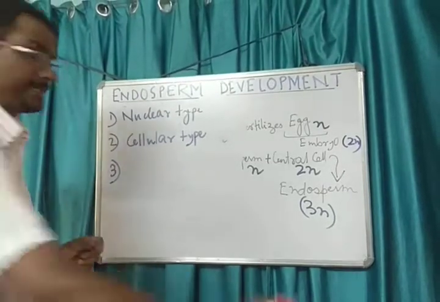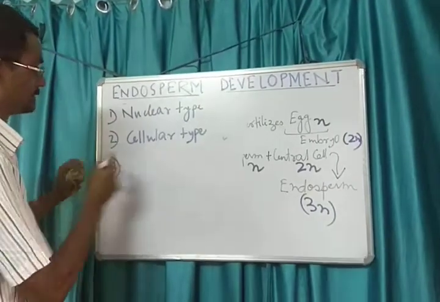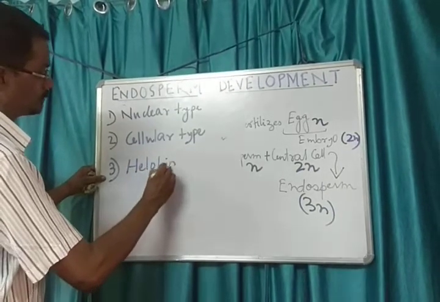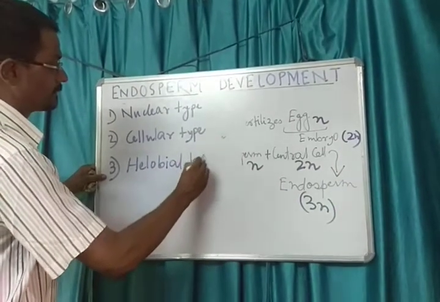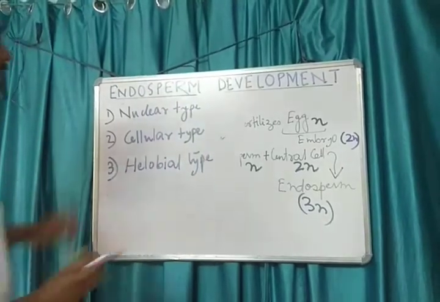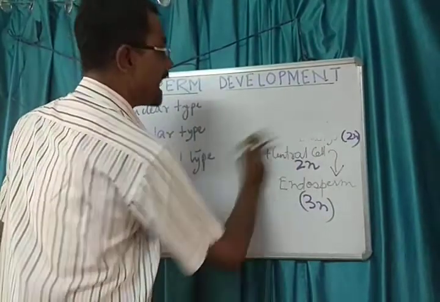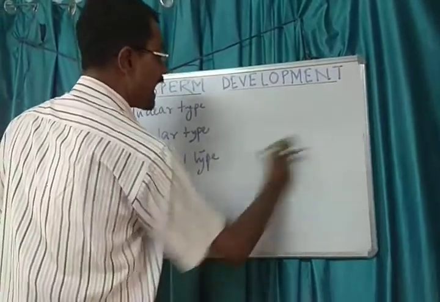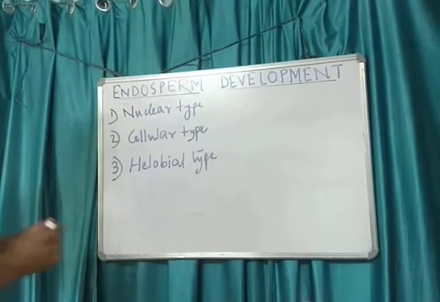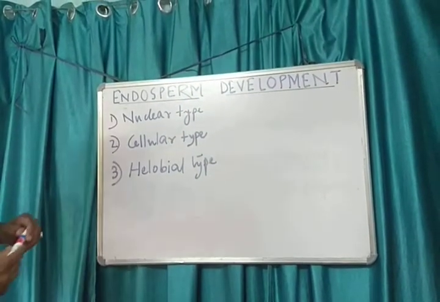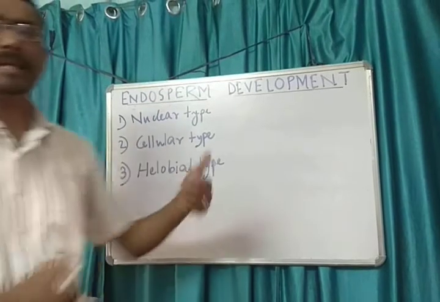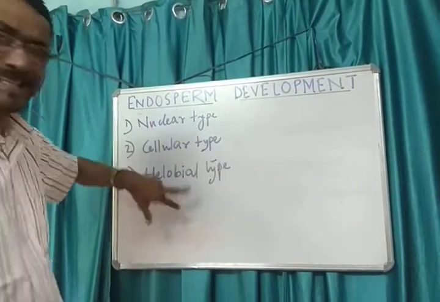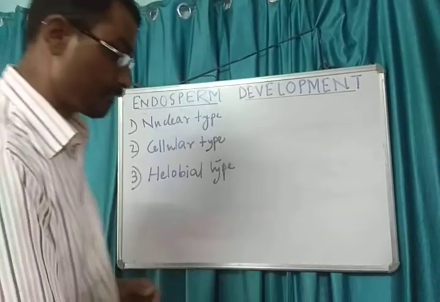Number 3 is helobial type. So today, our main concentration will be how the development of these three types of endosperm occurs. That occurs from the primary endosperm, and development is by these three processes based on the types of plants.